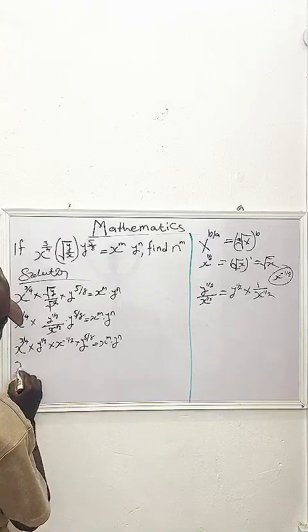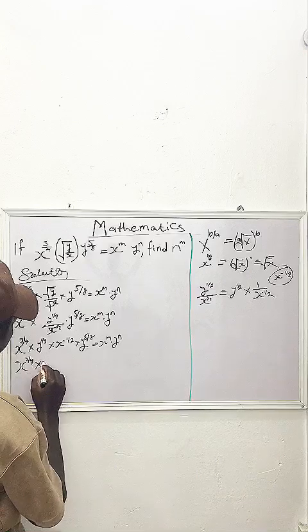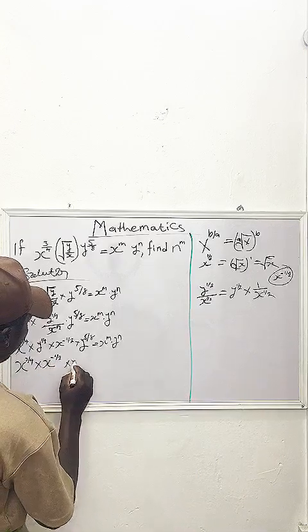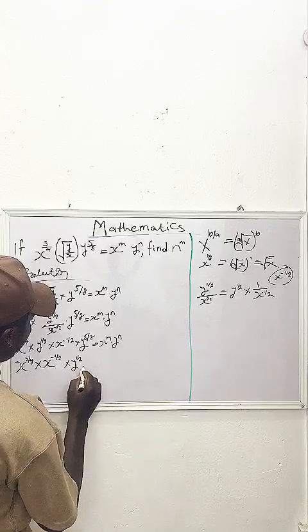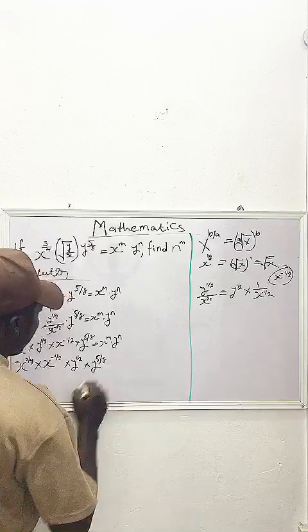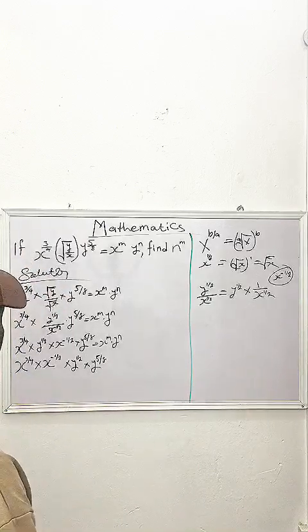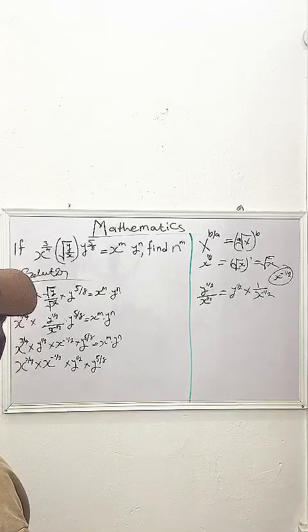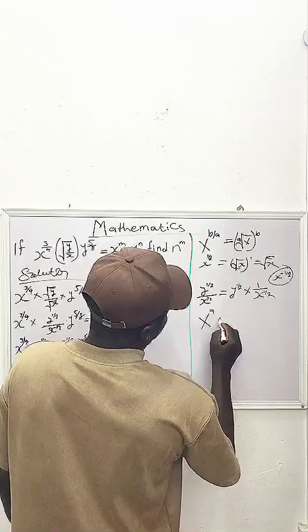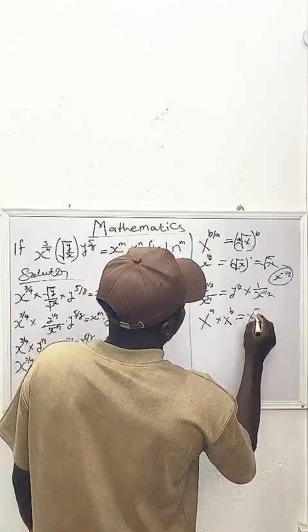This becomes x raised to the power 3 over 4 multiplied by x raised to the power minus half multiplied by y raised to the power half multiplied by y raised to the power 5 over 8. Again, we recall the law of indices that says x raised to the power a multiplied by x raised to the power b is equal to x raised to the power a plus b.